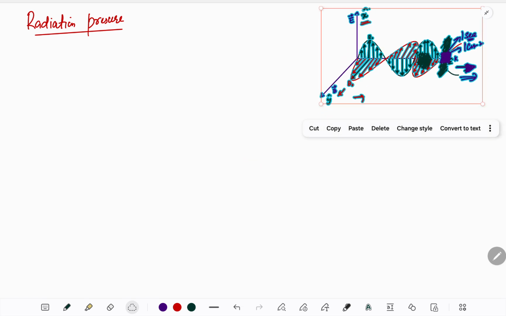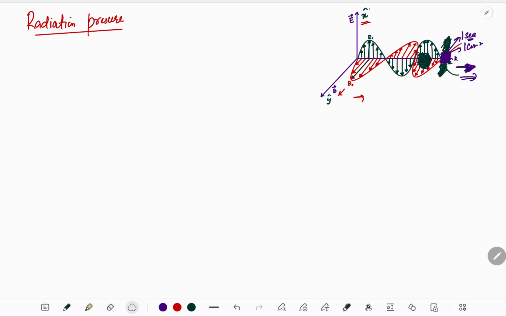Okay, so this is the electromagnetic wave traveling. Now if we put some surface, let's say this is the surface there, and now we have two cases.